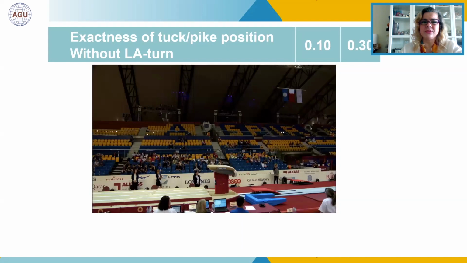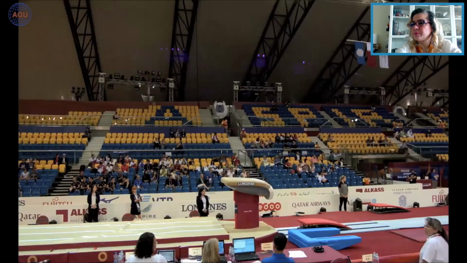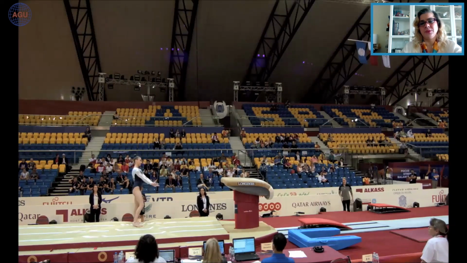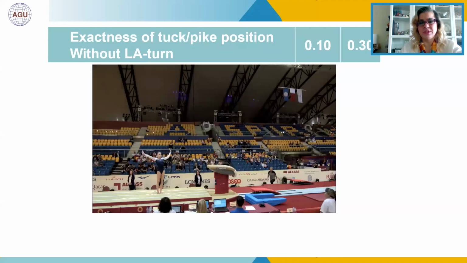Another example, exactness of tuck or pike positions without turn. Okay, as you could see here, it's farther from the exactness of the tuck or pike position, and that's why she receives 0.3.